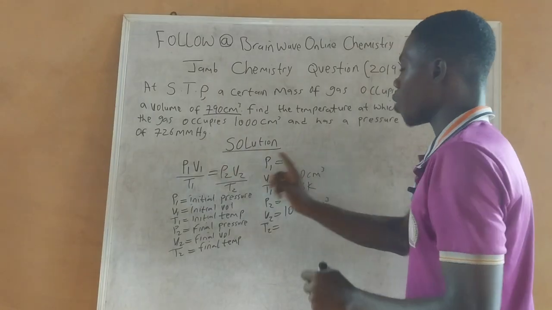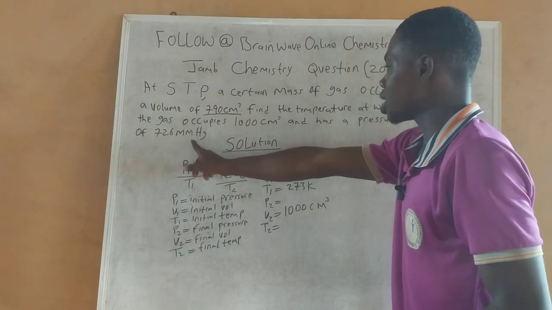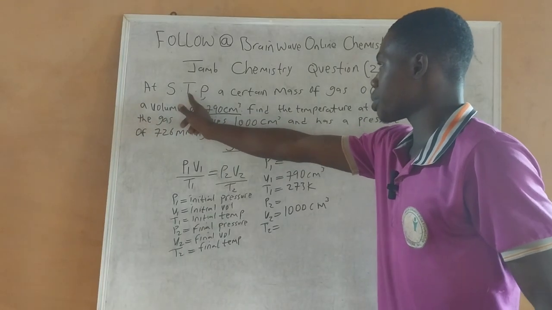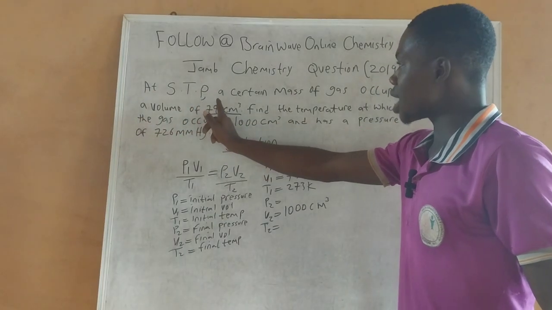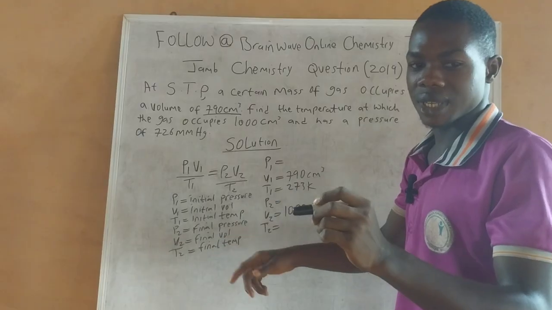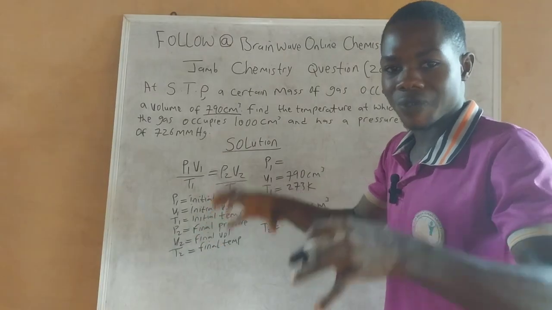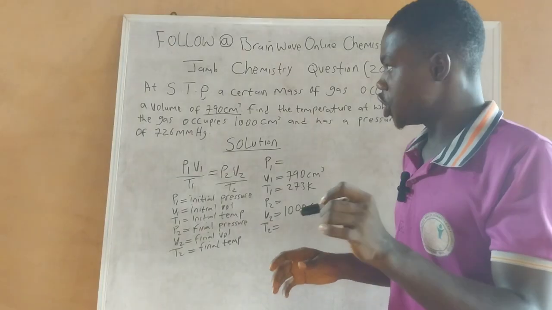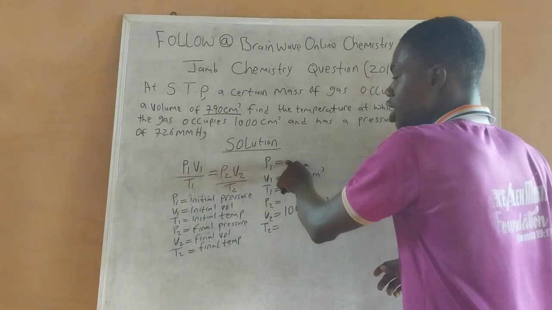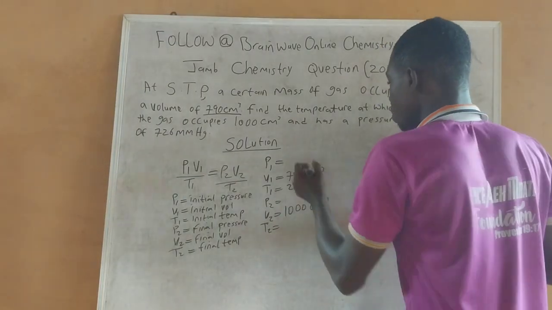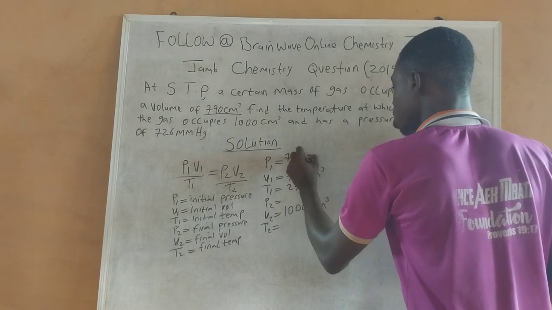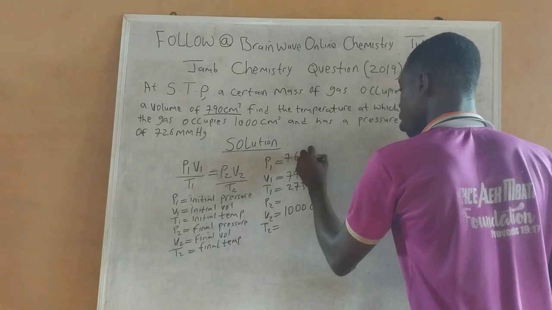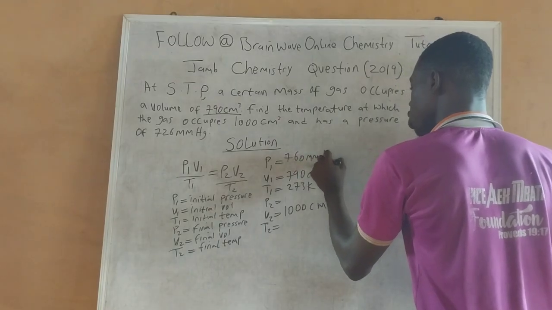And has a pressure of what? 726 mmHg. Don't forget that here they give us STP, which is standard temperature and pressure. Now, if standard temperature is 273 Kelvin, it also means that standard pressure has a value, and the value for standard pressure is 760 mmHg. Which means that our initial pressure, which is the P1, is 760 mmHg.